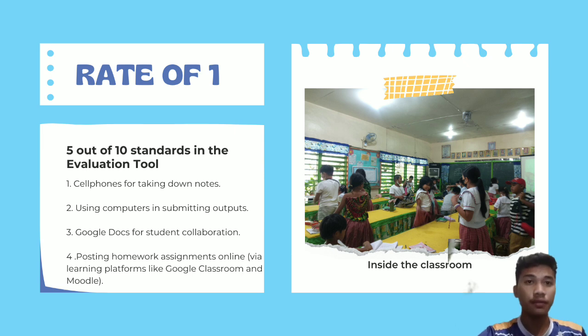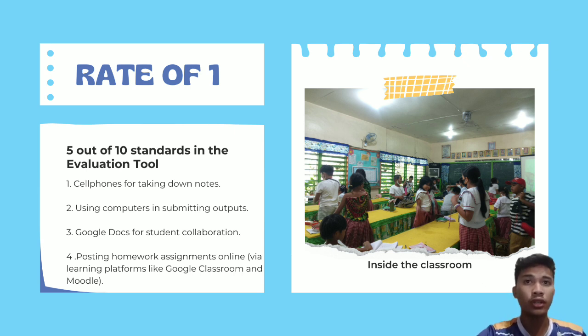In standard number 4, using computers in submitting outputs is 1 because, just like the first standard, they also use traditional materials and methods such as passing the outputs face-to-face or personally. Standard number 5, Google Docs for student collaboration, is also 1 because students were collaborating face-to-face.